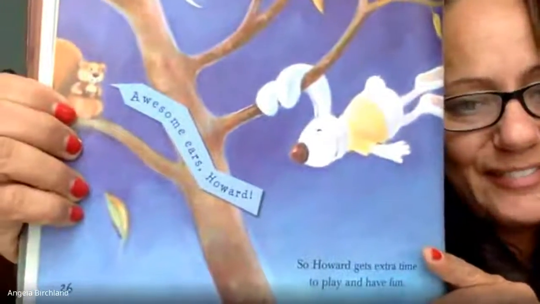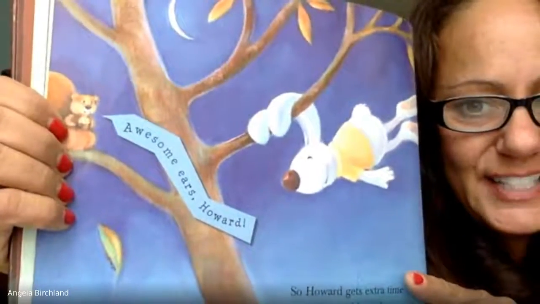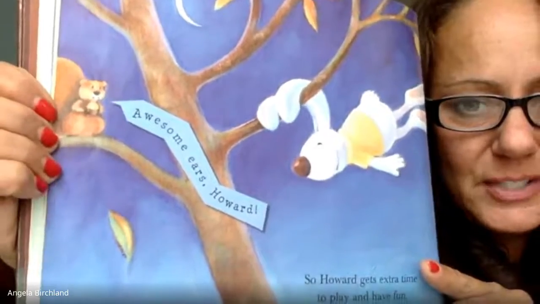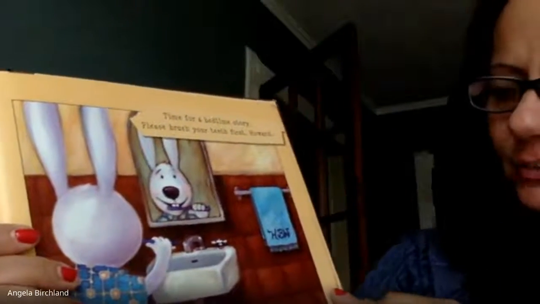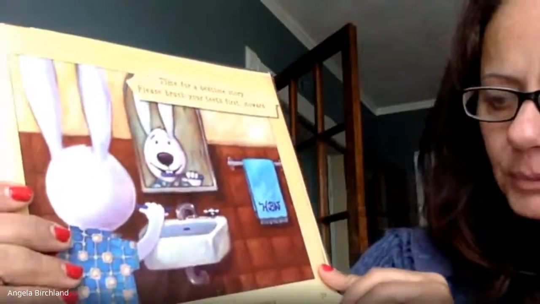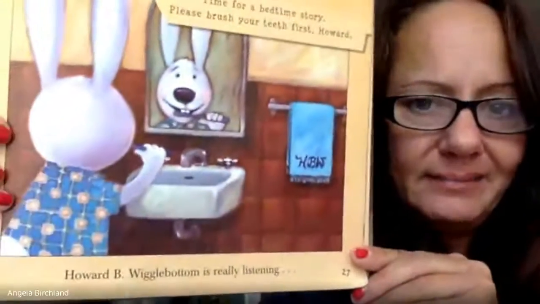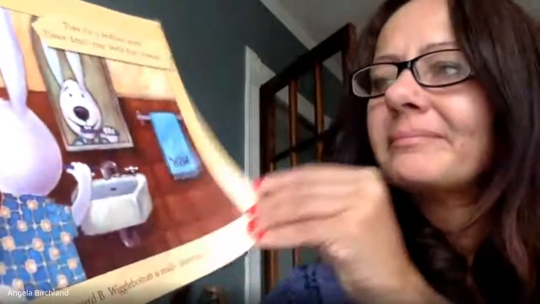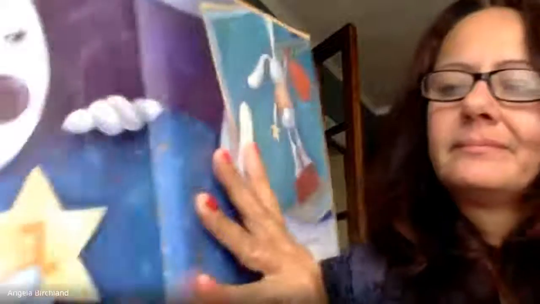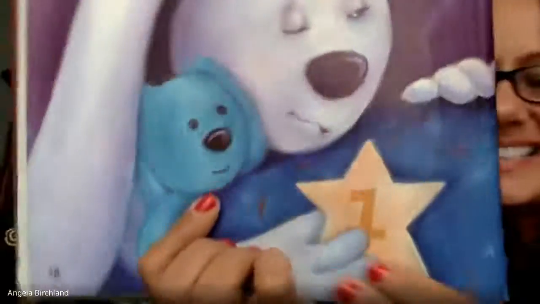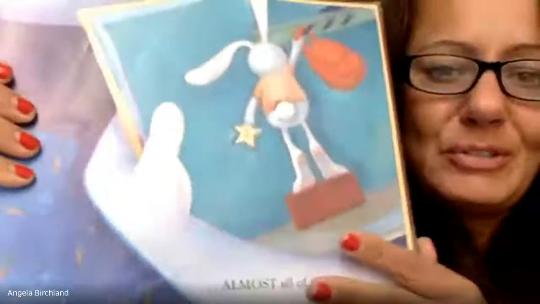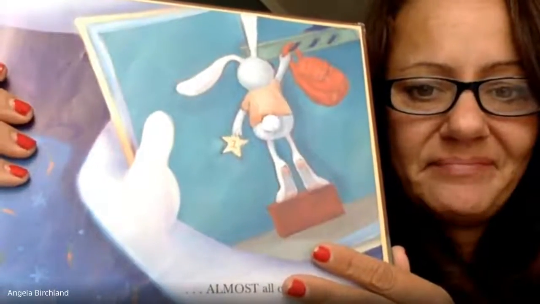So Howard gets extra time to play and have fun. "Awesome ears, Howard," says the squirrel. Time for a bedtime story. Please brush your teeth first, Howard. Howard B. Wigglebottom is really listening. And then it's time for sleeping. And he's listening almost all of the time.